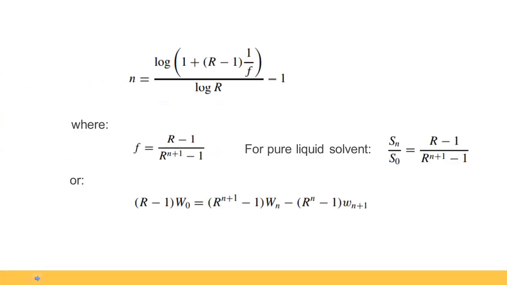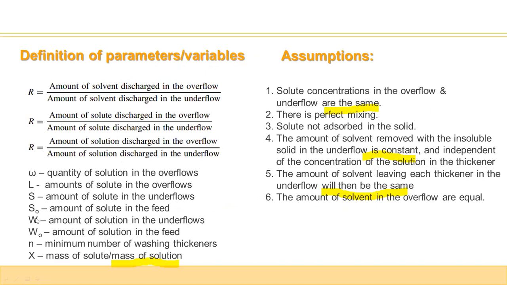Now, here on the next are the formulas. So your number of washings or your number of thickeners that will accomplish a certain degree of removal of your solute from your solid will be this. And R can be computed in any of these, or it could be taken from the problem itself, because your R here could be any of these.